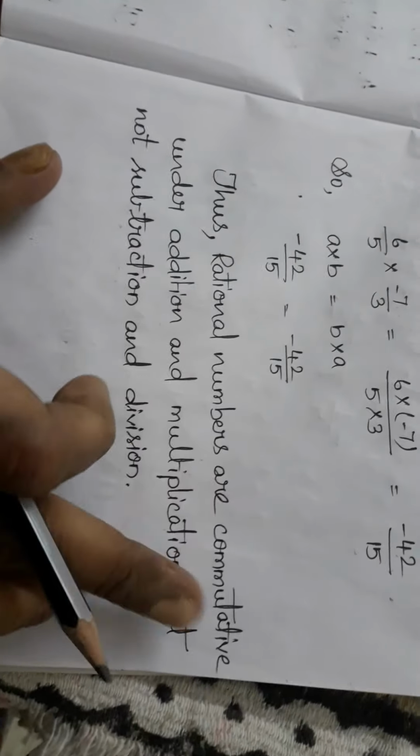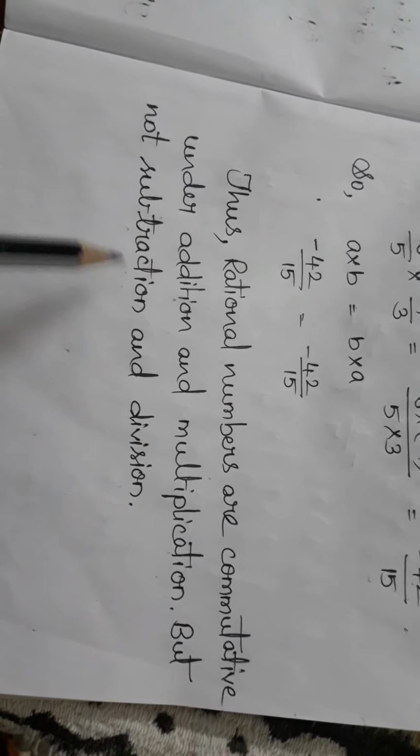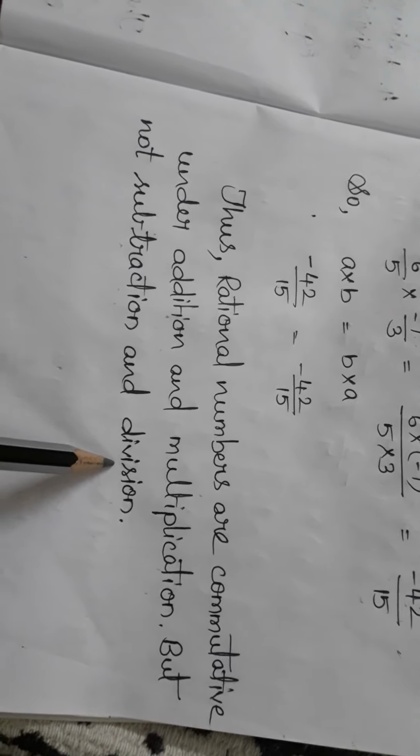So minus 3 by 4 is not equal to minus 4 by 3. So children, what we conclude here: rational numbers are commutative under addition and multiplication, but not subtraction and division.